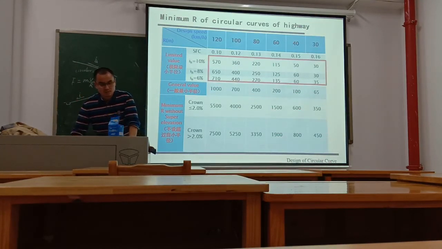What's the minimum R without super elevation?